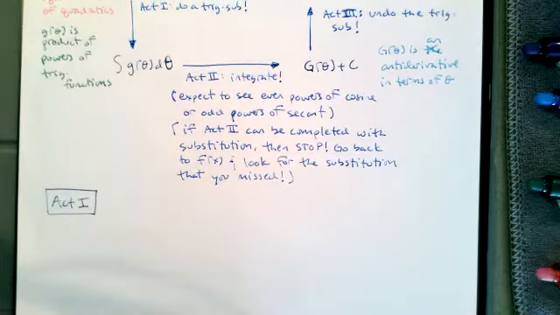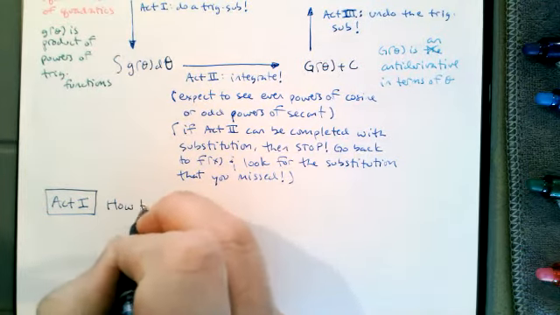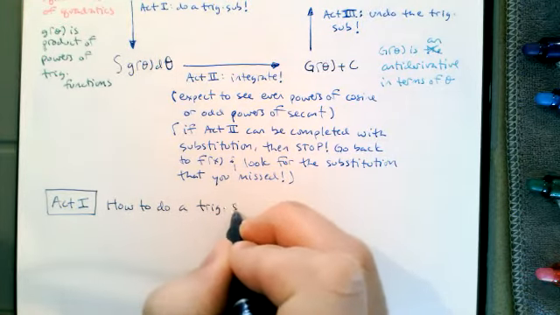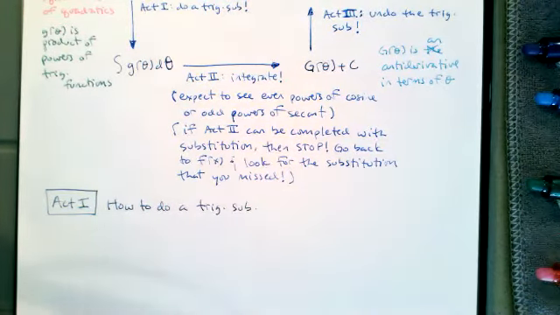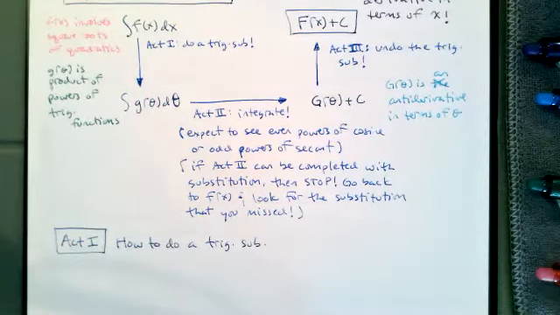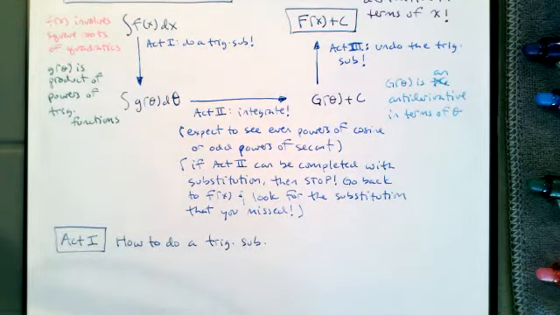Let's talk about Act 1, how to do the trigonometric substitution. This is the first leg of the journey, taking our f of x integral to a g of theta integral, getting to a product of powers of trig functions.